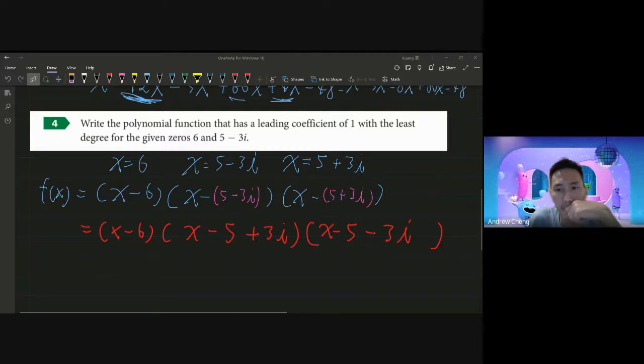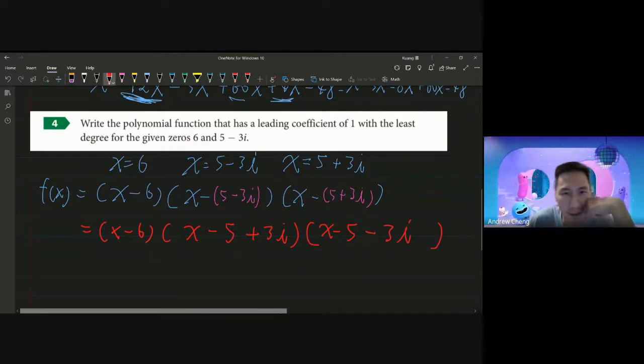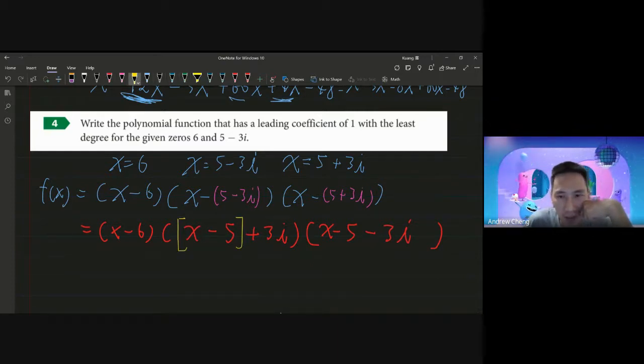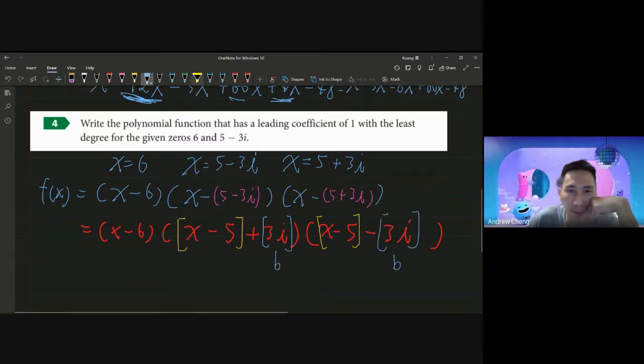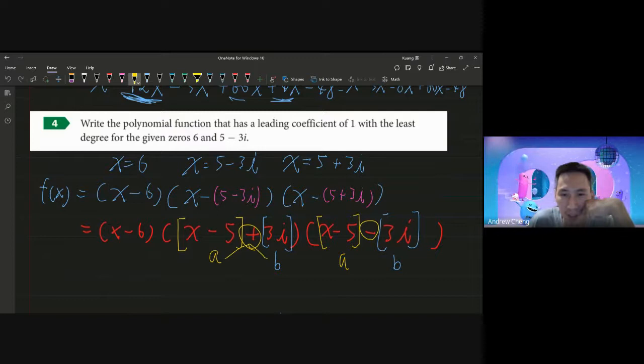Have a look here. x minus 5 is the same, and 3i is the same. 3i is my b, x minus 5 is my a, and one is plus, the other is minus. This is a plus b times a minus b equals a squared minus b squared.